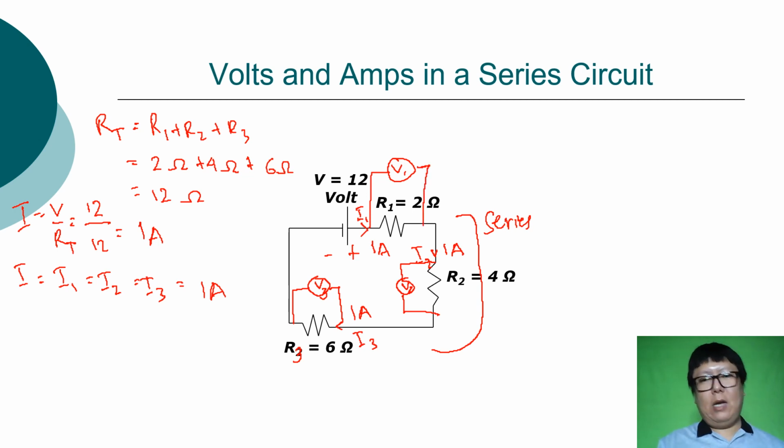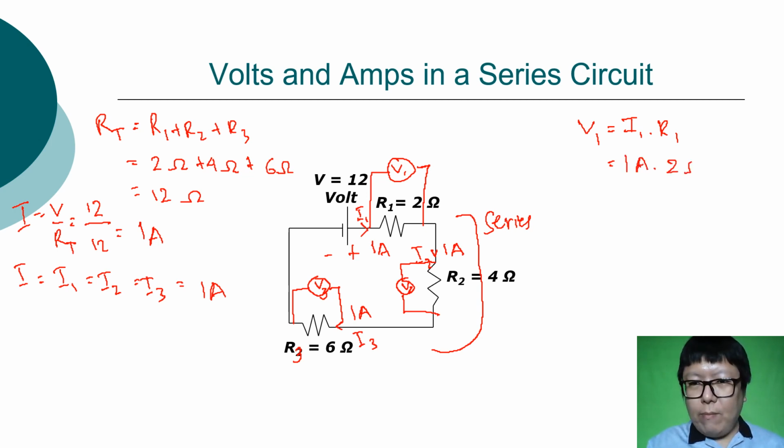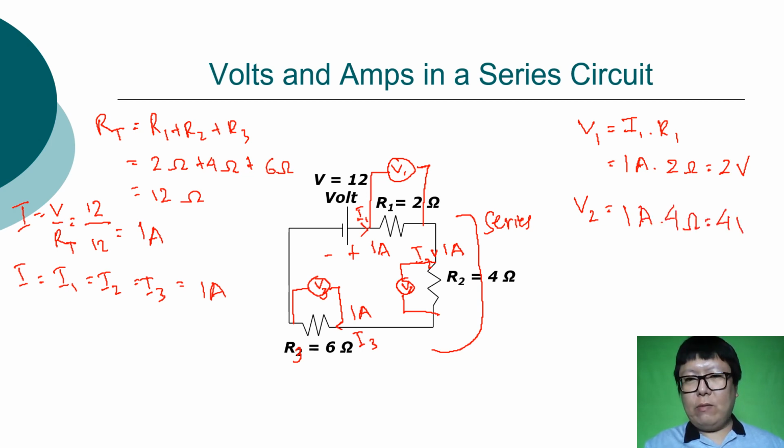How to calculate V1? V1 equals I1 times R1, right? The I1 is already given here, 1 ampere times 2 ohm, then 2 volt. Okay, so V2 is the same, 1 ampere times 4 ohm, then we get 4 volt.